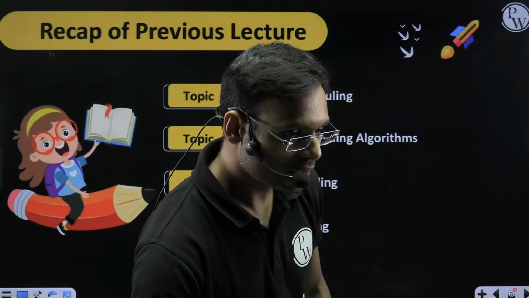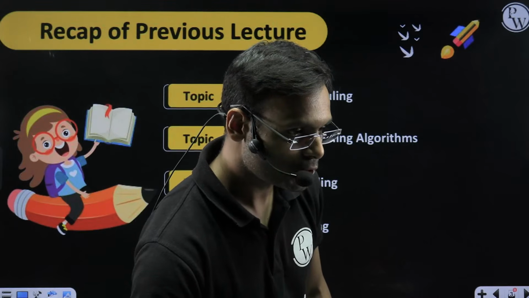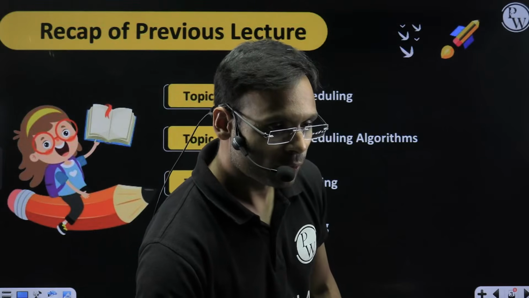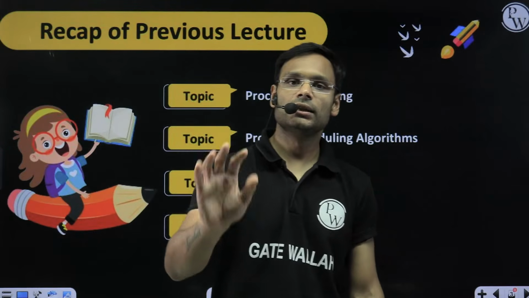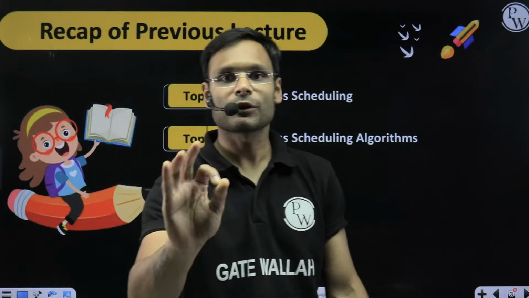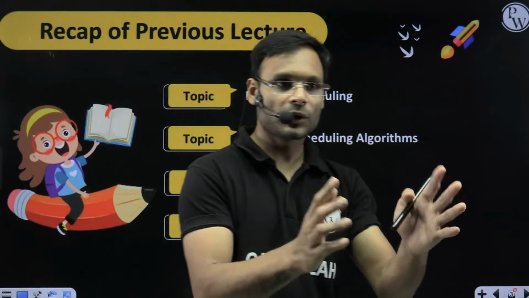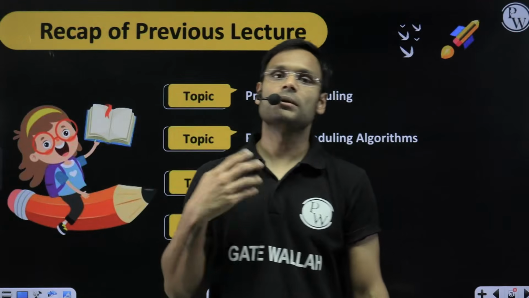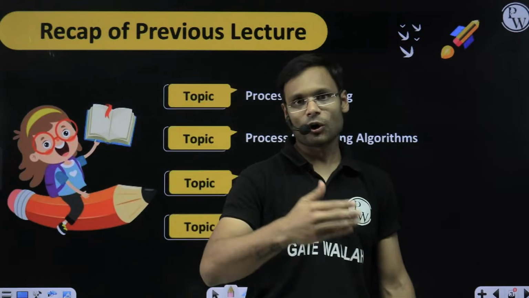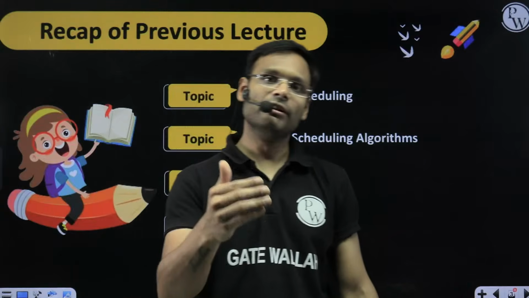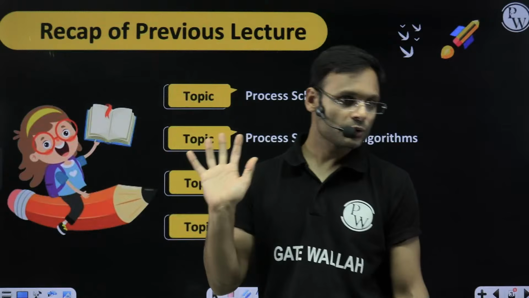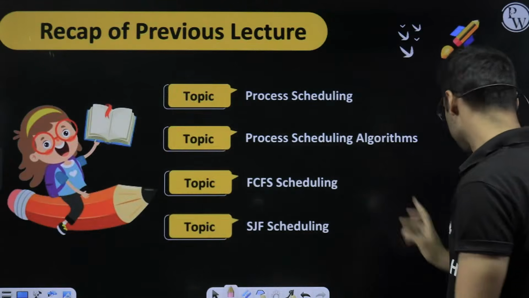As per the previous year GATE question, we will go ahead with the view that FCFS does not suffer from starvation, just because a process will get the CPU once the first process completes. Whichever order processes are coming, they will execute without having indefinite wait. So this is what we have seen yesterday.